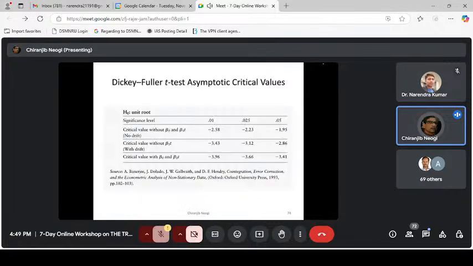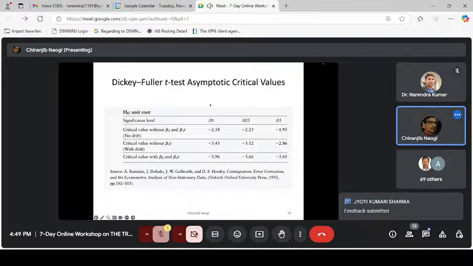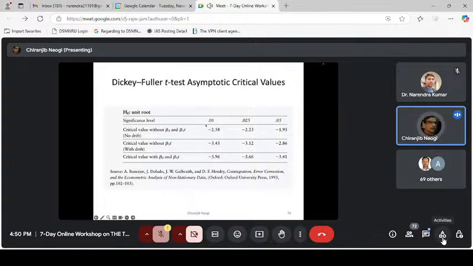Since the distribution is different here, Dickey and Fuller provided critical values at different significance levels, which are different from the standard t-test values. So this is the Dickey-Fuller test.